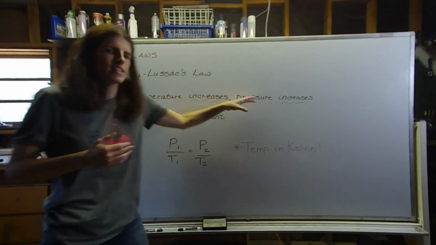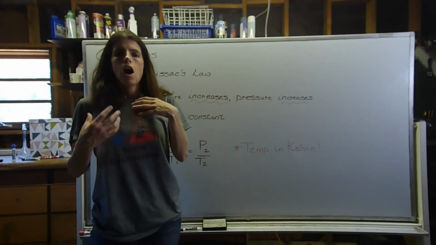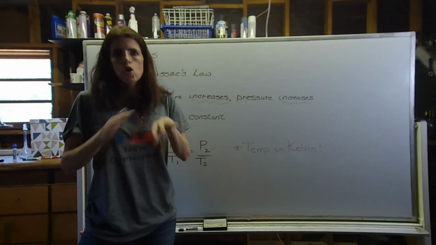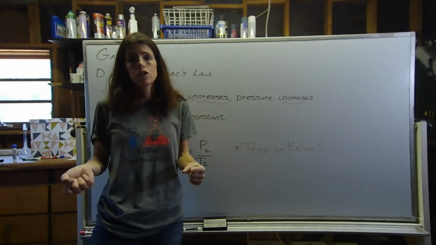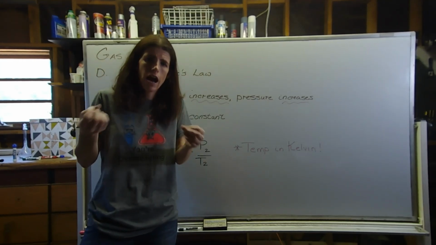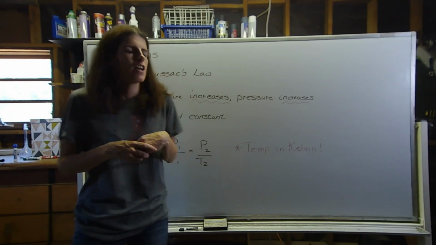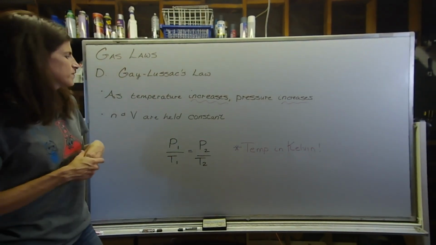So increasing that pressure increases the temperature that it boils at above 100 degrees Celsius. So water boils at 100 degrees Celsius, but if you increase the pressure, then you can get the water to boil and get to much higher temperatures, which then allows your food to cook faster. Pretty cool use of chemistry.